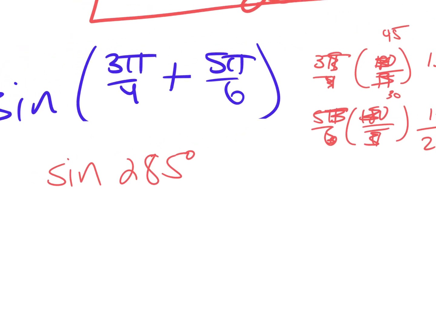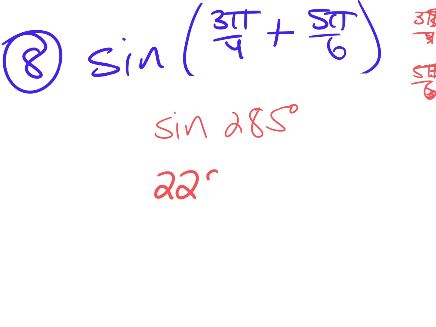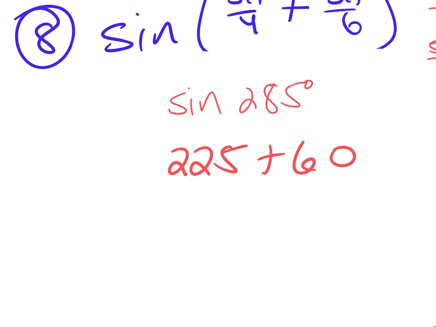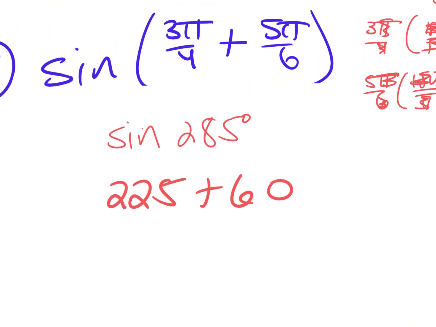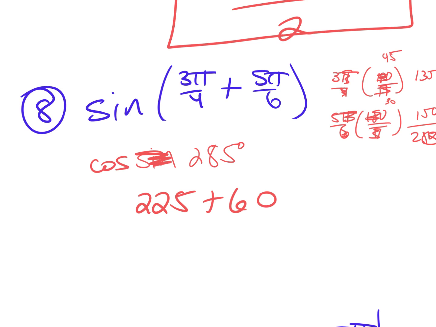All right, I hear 225 plus 60. Does that work? Yes. Is that the only combination that works? No, but that's fine. Actually, you know what? Let's change this to cosine, just because I want to use a different formula. Doesn't change. I just want to use a different formula.